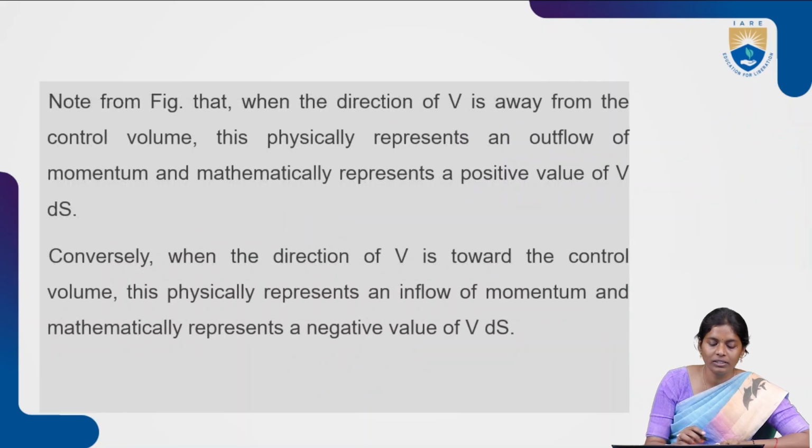From the figure, when the direction of v is away from the control volume, this physically represents an outflow of momentum, and mathematically it gives a positive value of v dS.